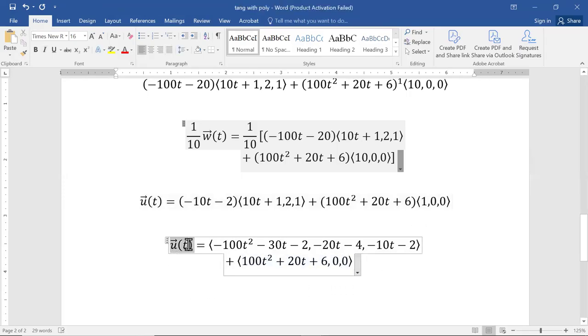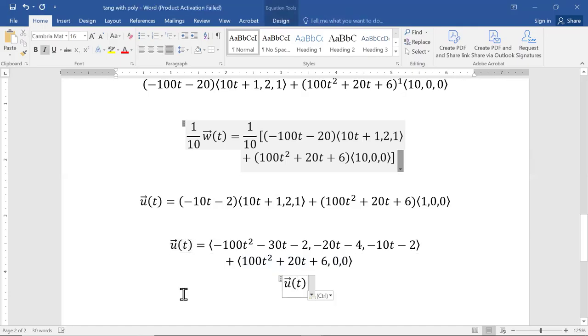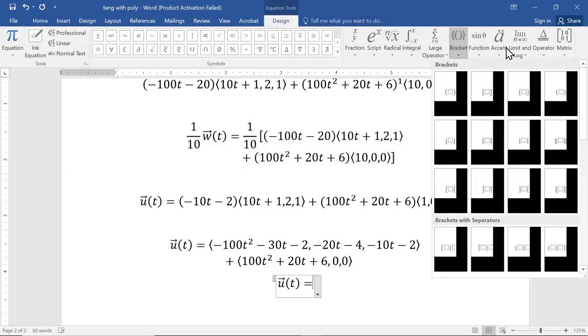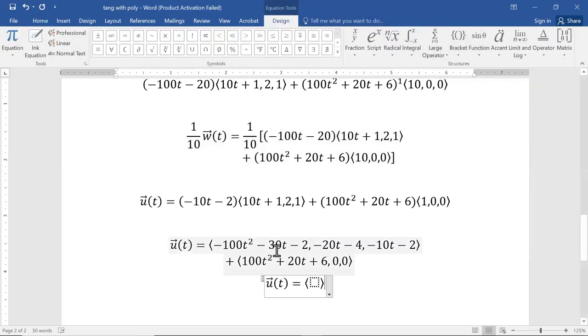Notice what's going to happen when we combine terms to simplify the u. We're going to get a little bit nicer thing in my x component. Negative 100t squared plus 100t squared cancel each other out. Negative 30t plus 20t gives me a minus 10t. Minus 2 plus 6 gives me a plus 4.